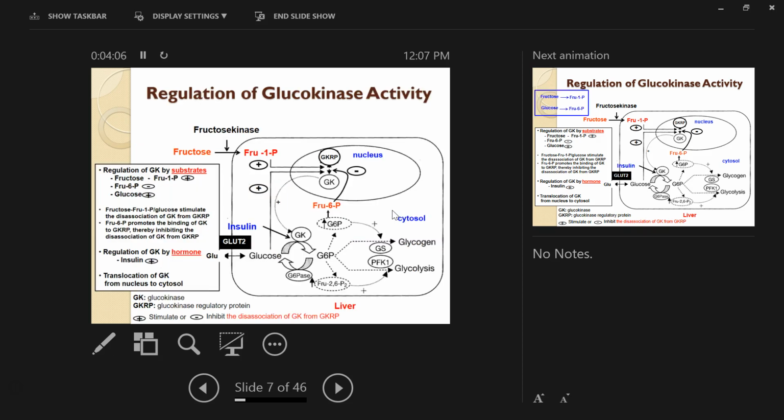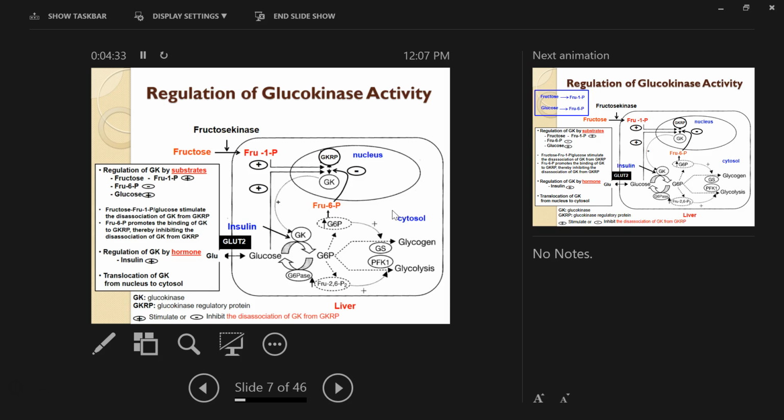So this just shows you the diagram of the glucokinase activity, how the glucokinase activity is regulated by insulin and the substrate. So you need to remember this, insulin and also these 3 substrates that regulate the glucokinase.